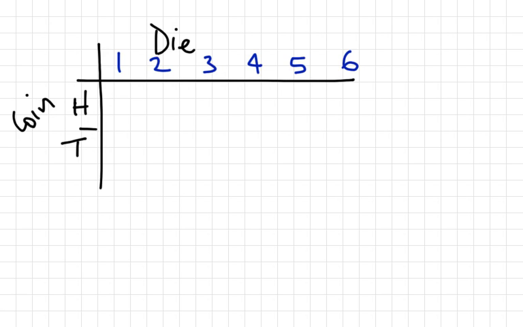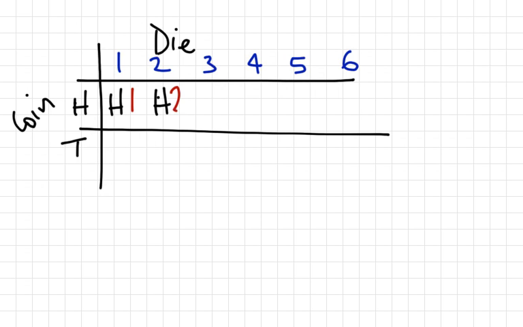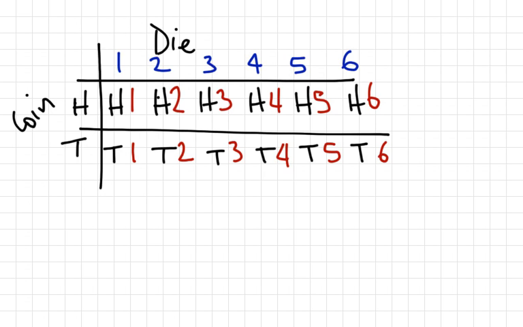So I'm going to draw my sample space diagram. A head and a 1, a head and a 2. Let me just finish this up. Okay, so far I've got what looks like 12 possibilities, because I've got 6 possibilities here and 6 possibilities there. So there are 12 possibilities altogether.